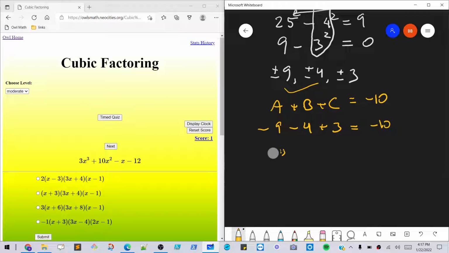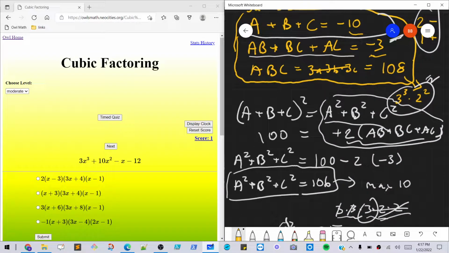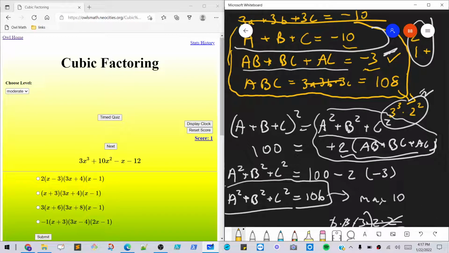We'll do this real quick. -9 times -4 is 36. -4 times 3 is -12. 3 times -9 is -27. That's -39. 36 minus 39 is -3. So that's kind of excessive, but that checks that everything works.